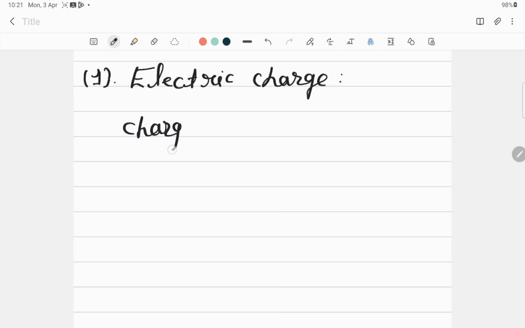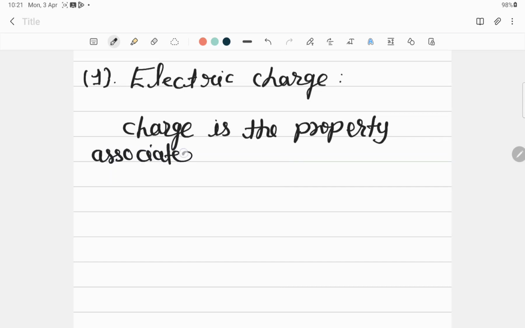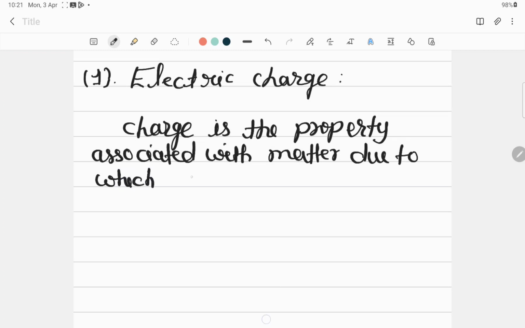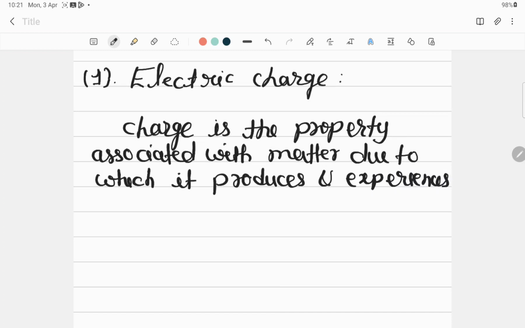Charge is the property associated with matter due to which it produces and experiences electrical and magnetic effects.